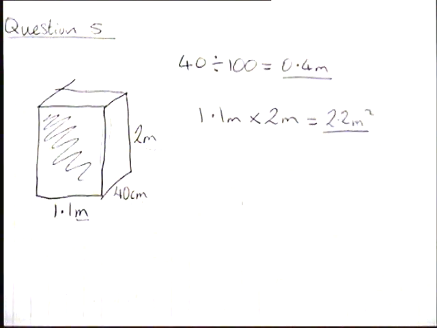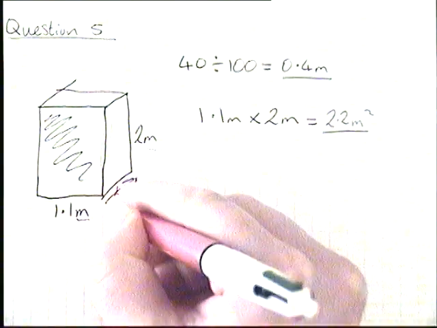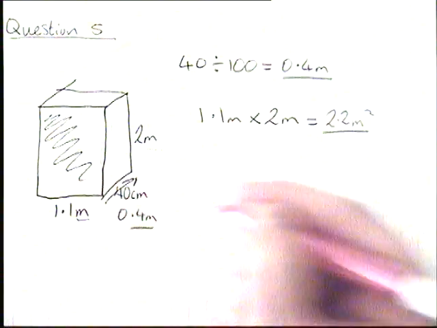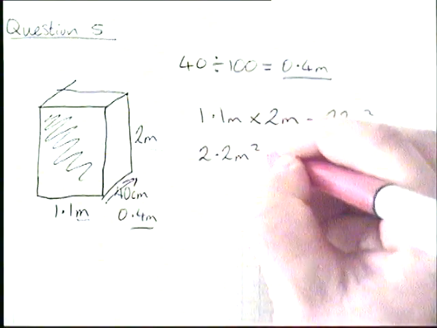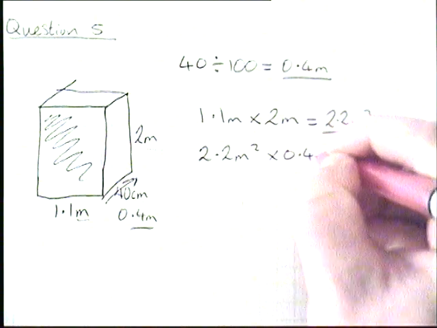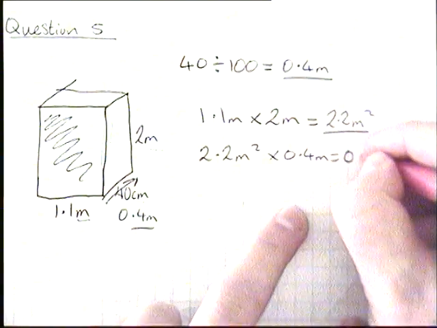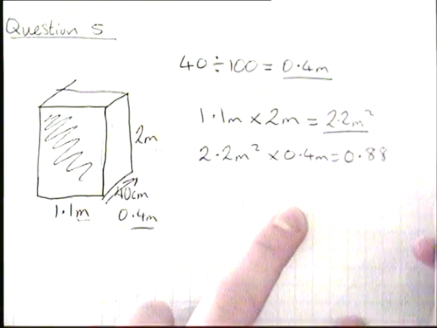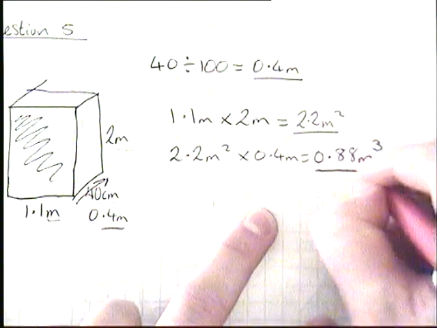And then we're going to multiply that by the length of our prism, which we now know is 0.4 meters. So 2.2 meters squared times 0.4 meters leaves us with a volume of 0.88 meters cubed.